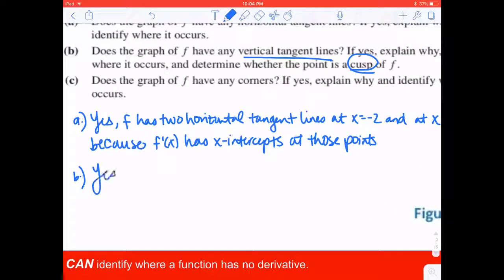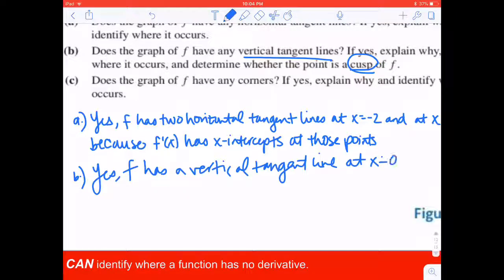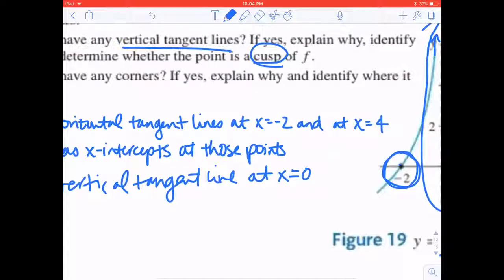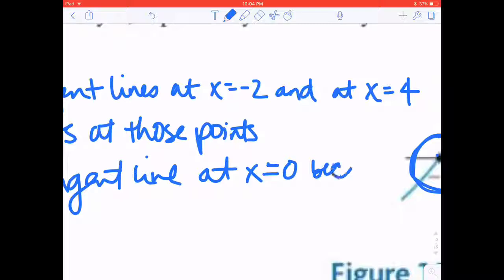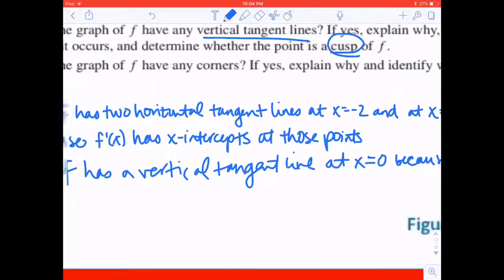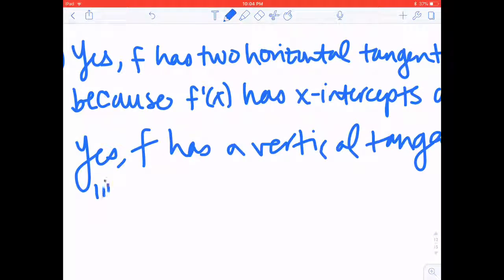So yes, f has a vertical tangent line at x equal to 0 because the limit as x goes to 0 of that function is positive infinity.